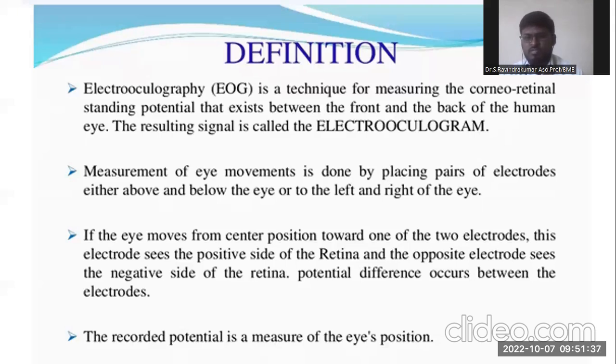That is the potential measured from the positive side of the retina and the opposite electrode where it has been placed. That technique we call electrooculography, and the signal we call the electrooculogram, shortly called EOG.